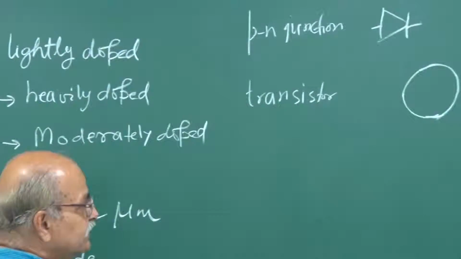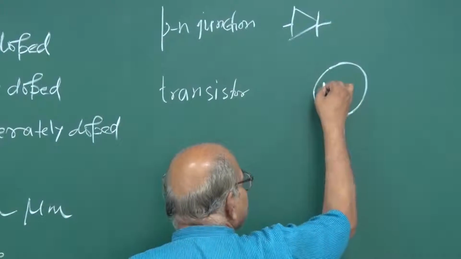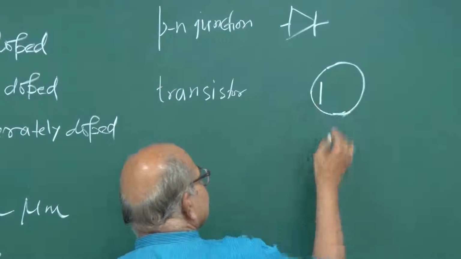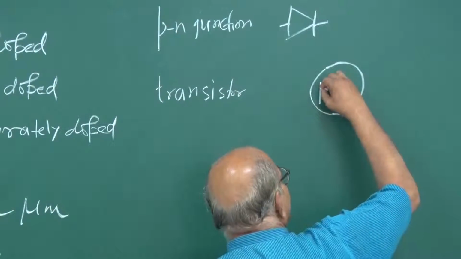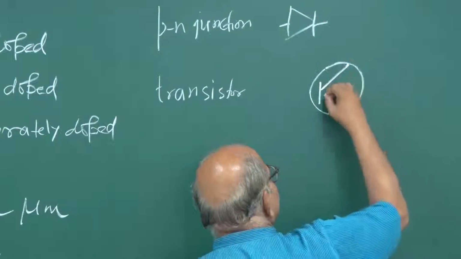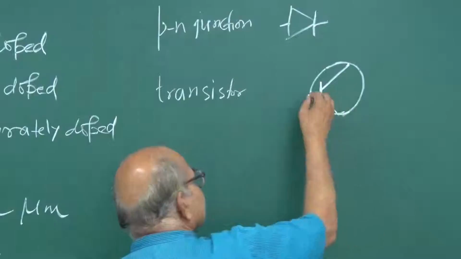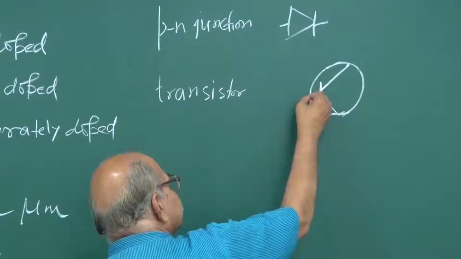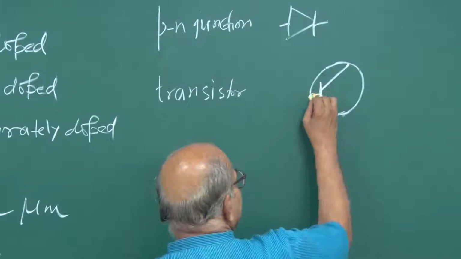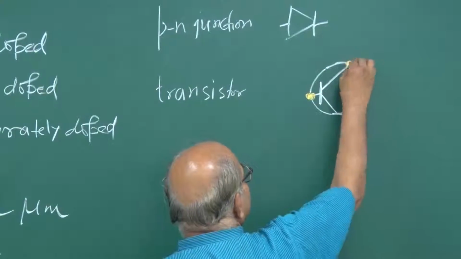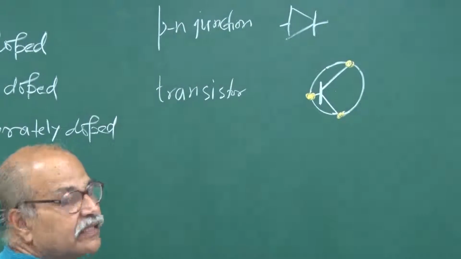Let's draw a baseline. Suppose this is the base. Then two slanted lines, one like this, another like this. This is the symbol of the transistor, and these are the connections from where it has to be added to the external circuit.